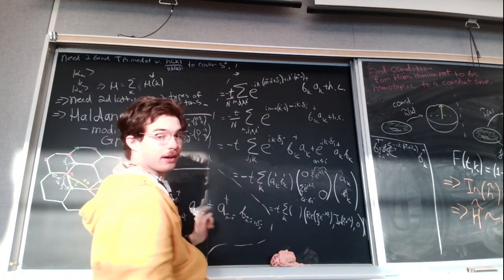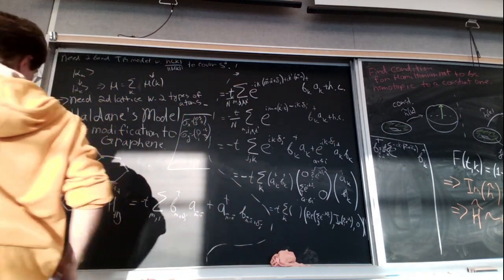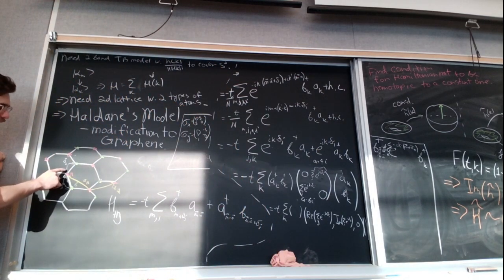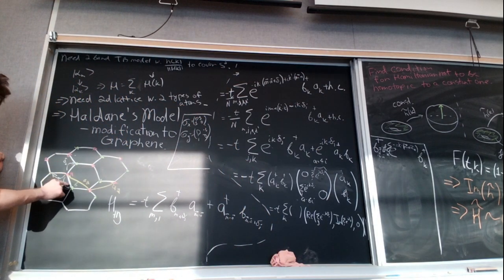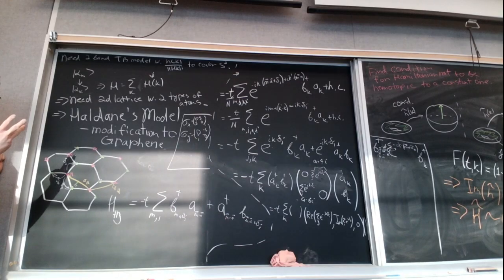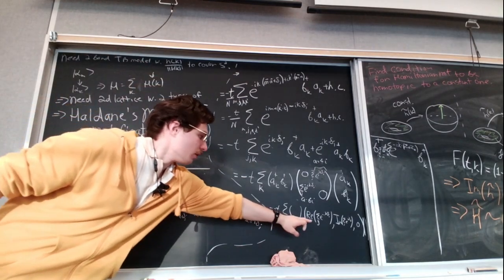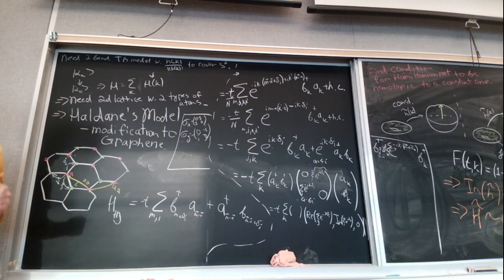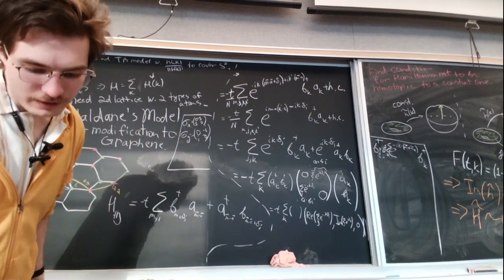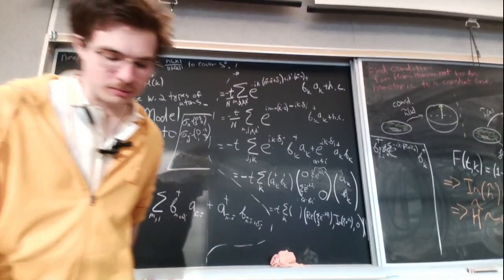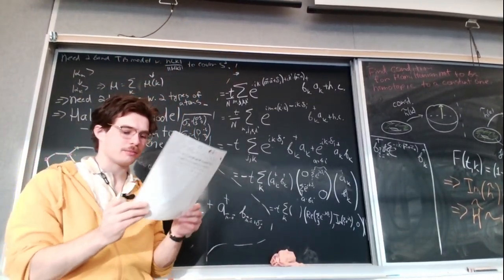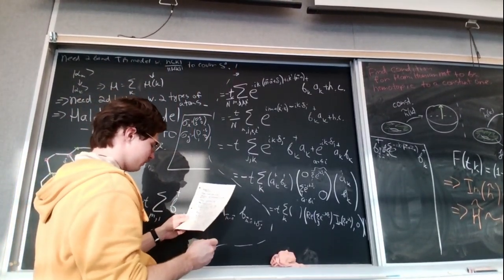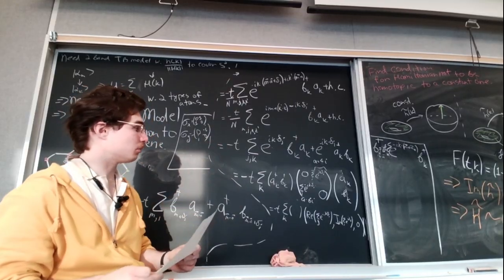Remember what these delta j's were: the vectors from here to here, from here to here. So it's just 3 vectors. Do you agree? This is a sum over 3 vectors. You can do this by hand. This sum, and look at the coordinates. In fact, I did do this by hand, but on Mathematica, but then I have a sign error. So, okay, I'll write this down maybe on the next board.